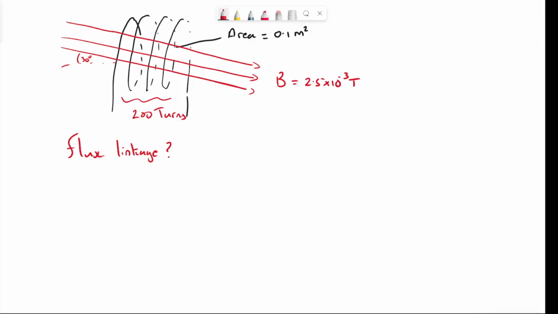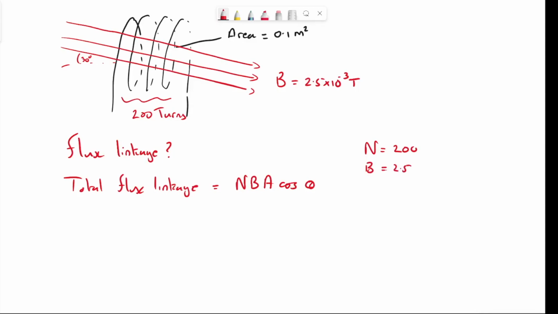Please pause the video here and attempt this question. So in order to work out the flux linkage for this coil, we will use the equation where total flux linkage is equal to NBA cos theta. In this question, our N is 200 turns, B is 2.5 times 10 to the minus 3 teslas, A is 0.1 square meters, and theta is 30 degrees.